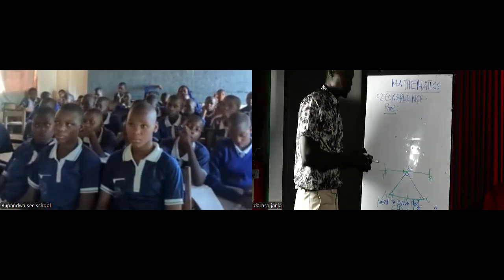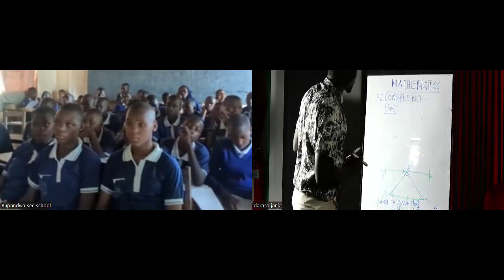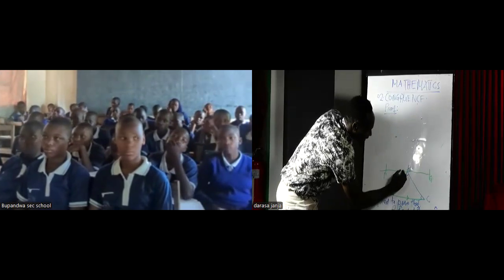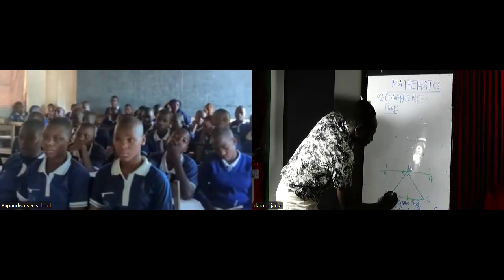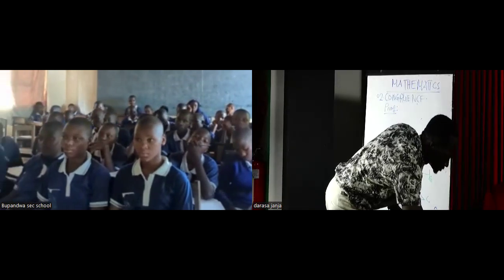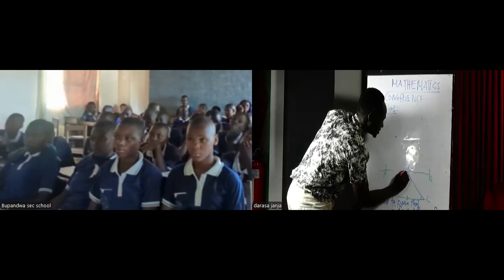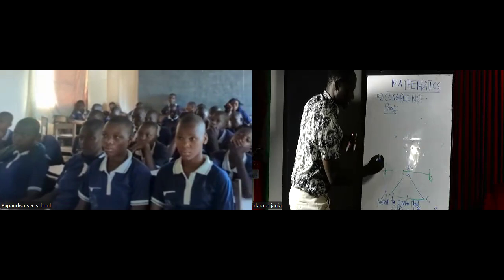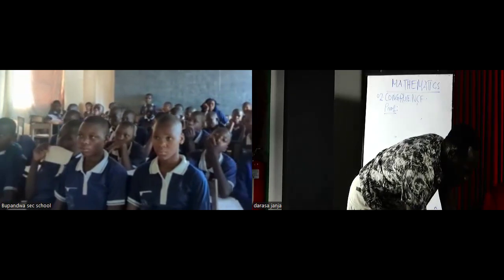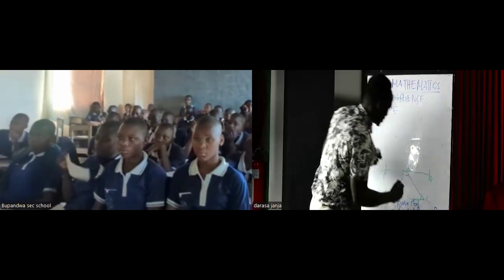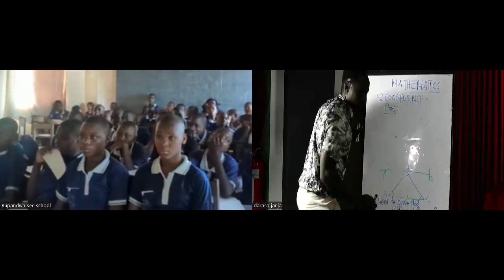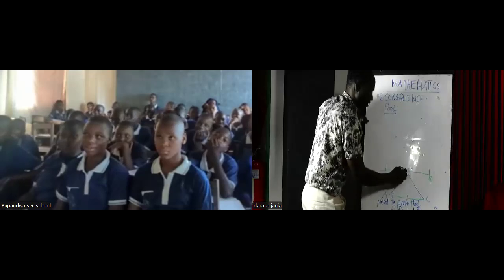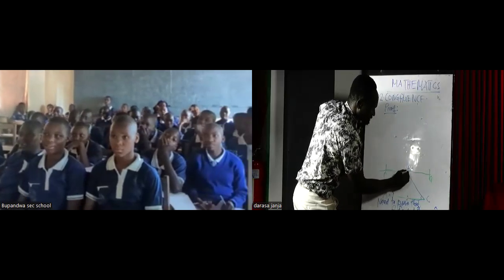Okay, we have only 7 minutes left to end our session. If you look well, these ones are angle Z. So this one is angle Z. Did you look well?